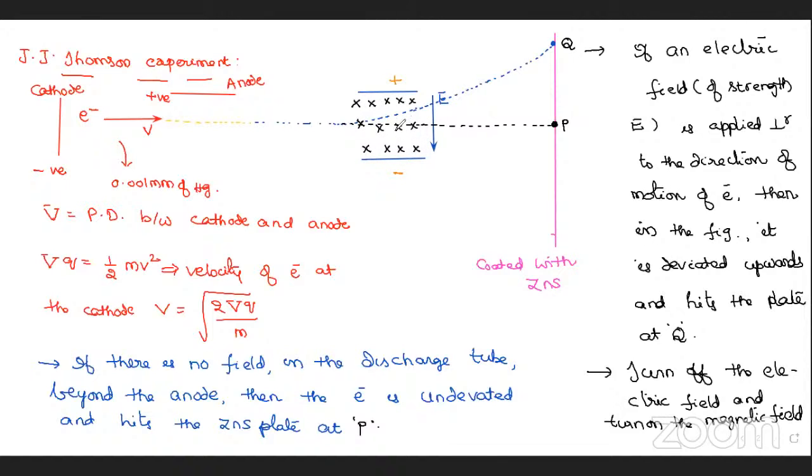Means along the z-axis. Suppose this is the x-axis, the motion of the electron. Electric field is along the y-axis and magnetic field is along the z-axis. Observe, all three are mutually perpendicular to each other.